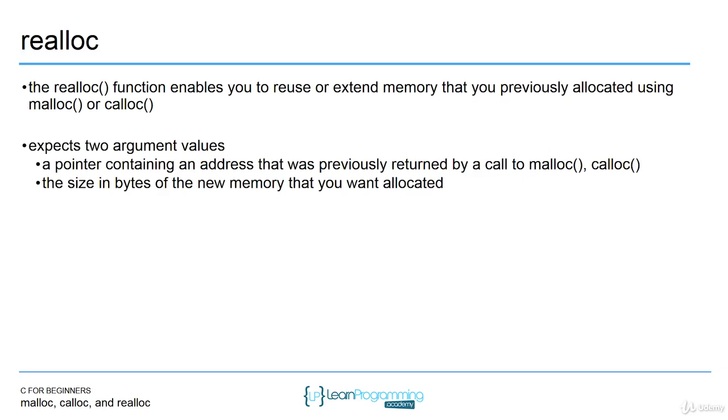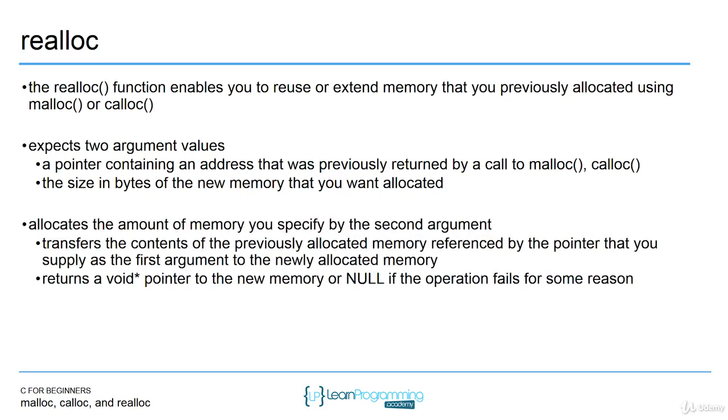It expects 2 argument values: a pointer containing an address that was previously returned by a call to malloc, or calloc, and then the size in bytes of the new memory that you want allocated. So this will allocate the amount of memory you specify by the second argument.